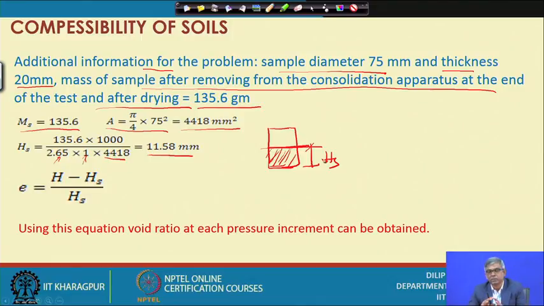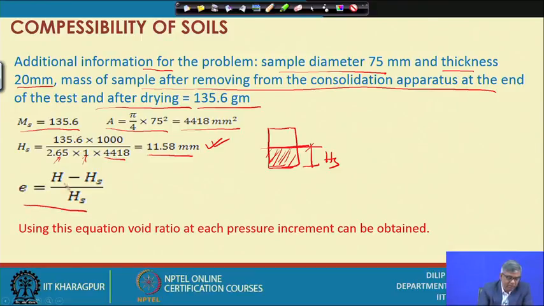When you consider HS, you are considering a solid with no void in it. Whatever solid is there, I am theoretically putting together. If it is a total solid mass, what is the equivalent height? Based on that calculation it came to 11.58.